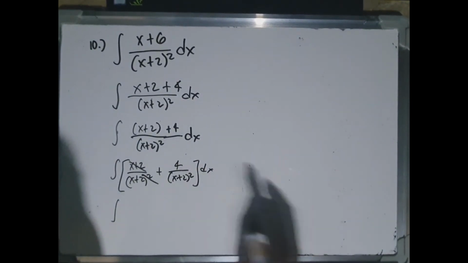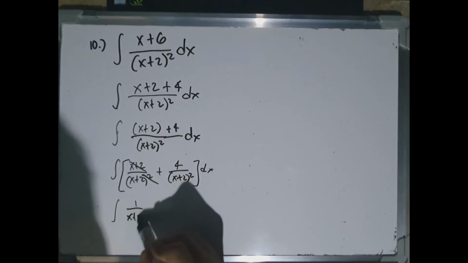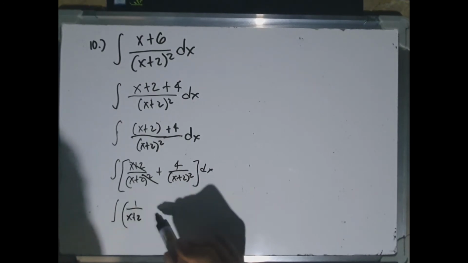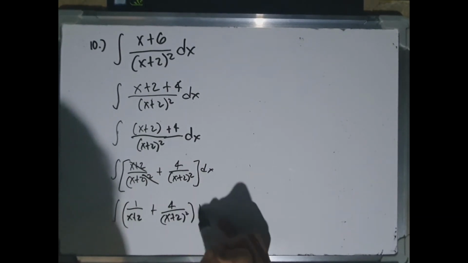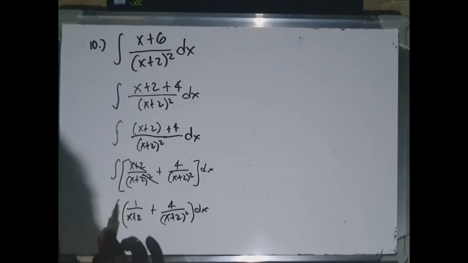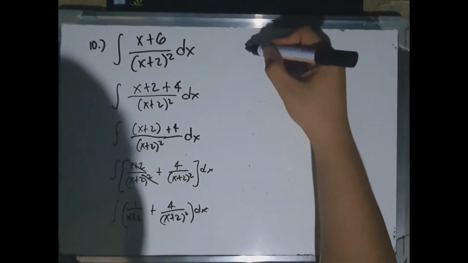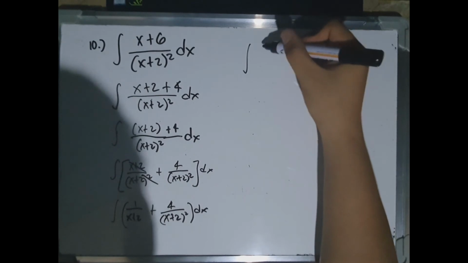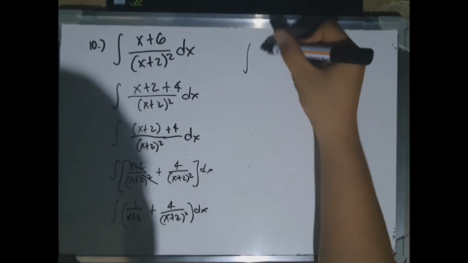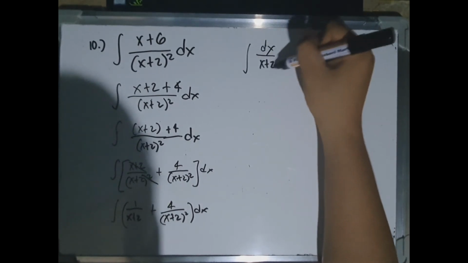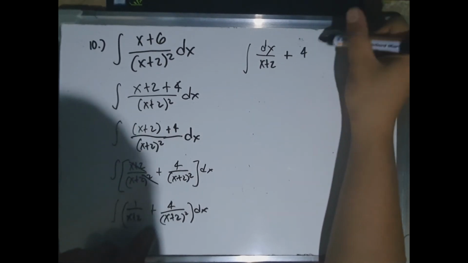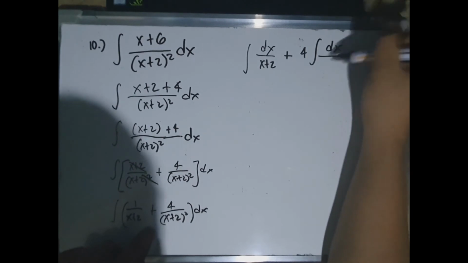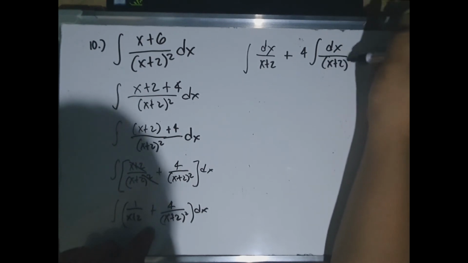So this one will become 1 over x plus 2 plus, how about this one? We have 4 over x plus 2 squared dx. Distributing the integral symbol and the dx, we now have the first one as dx over x plus 2 plus the 4 is constant, 4 integral of dx over quantity x plus 2 squared.